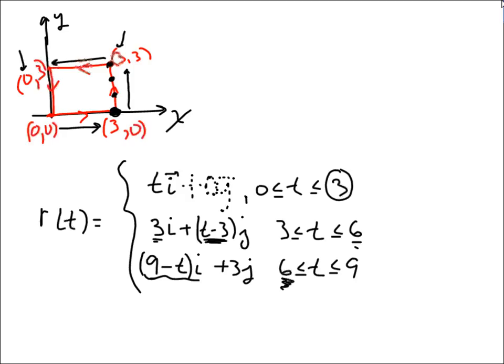When t is 6, this will be 3, exactly the point (3, 3). When t is 7, 9 minus 7 is 2, so it's going to be right here. And eventually t will be 9, and 9 minus 9 will be 0, which brings us right here. It's working like a charm, which is good.